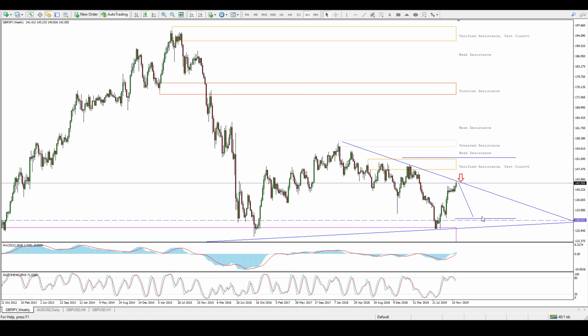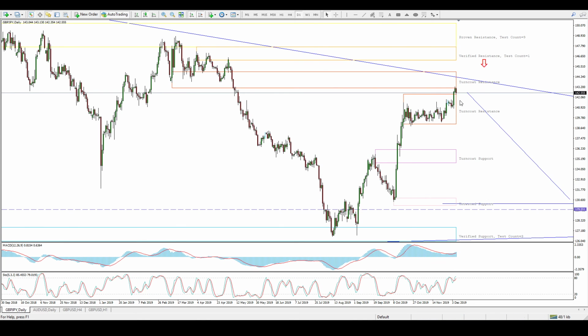So 1-to-1 ratio. This is not something I will buy at the open. I want to repeat this. This is not something I will buy at the open. This is a weekly chart, but it shows a good opportunity for a sell.